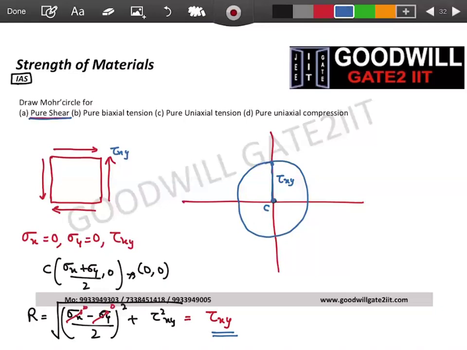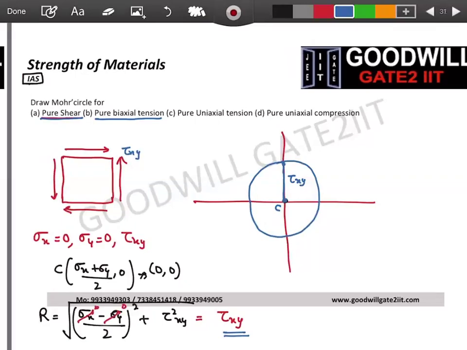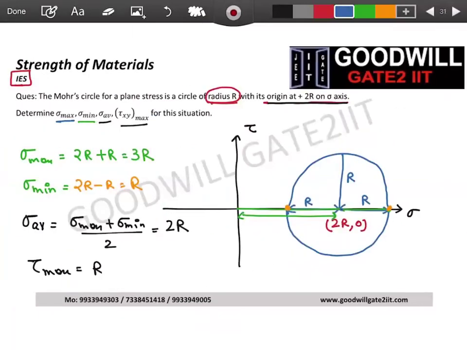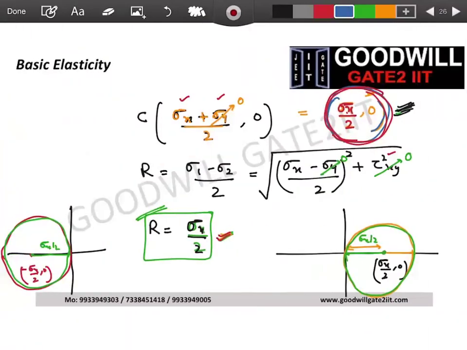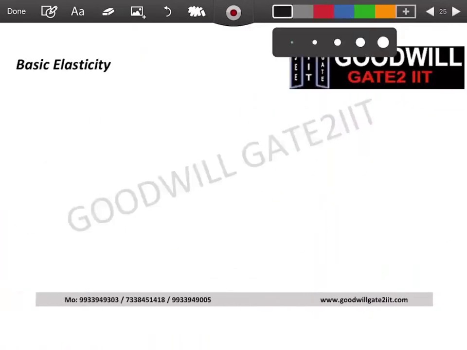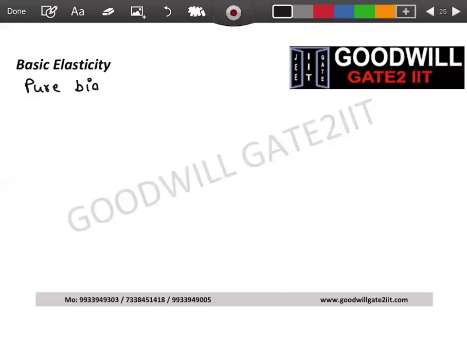Now let's draw it for the second case, pure biaxial tension. All right, let me do it on a blank slide. Pure biaxial tension. First of all, slowly draw your stress element.